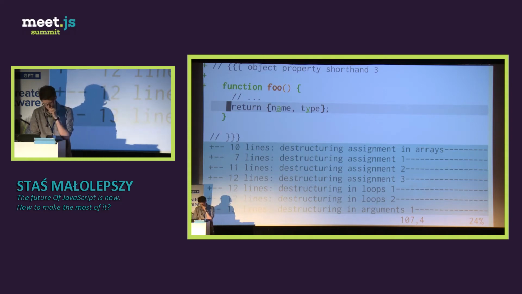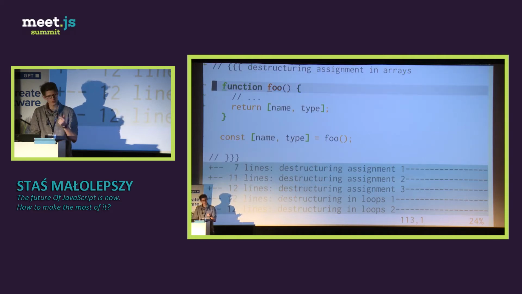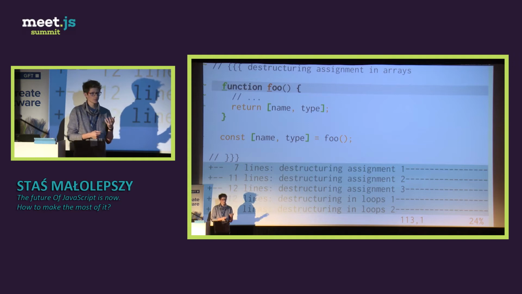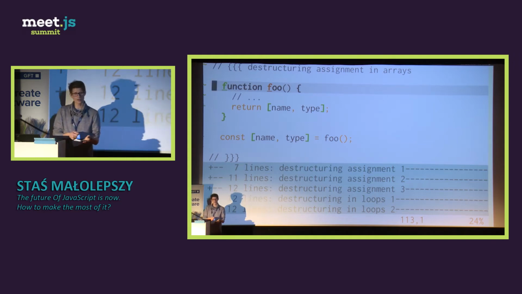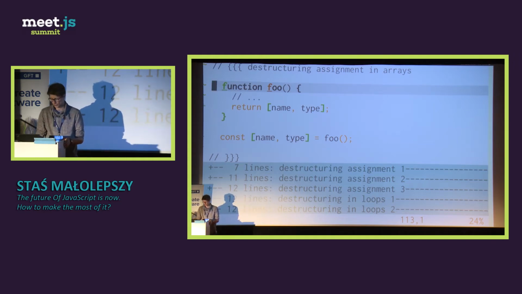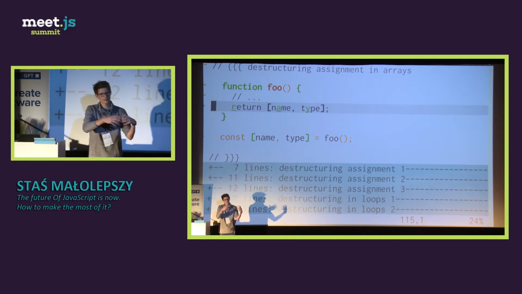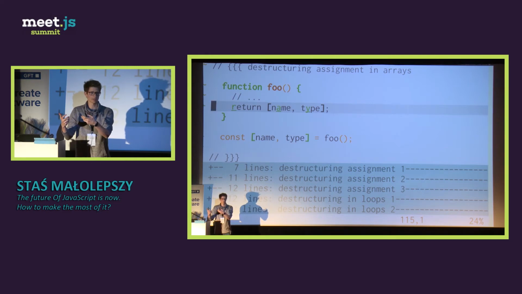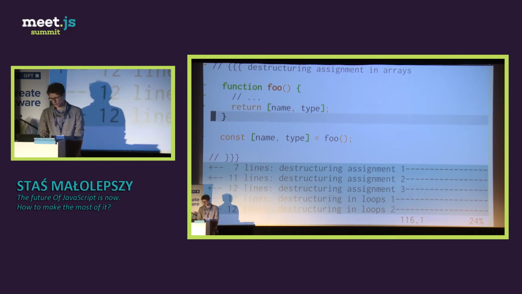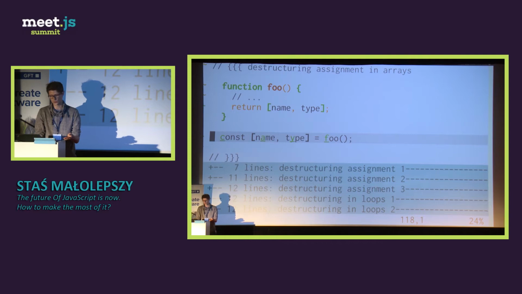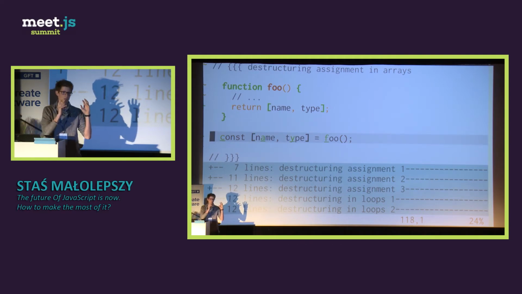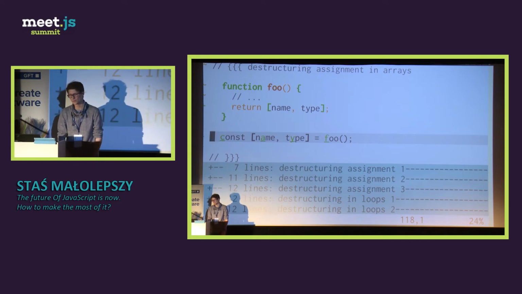However, with new features of ECMAScript, you can actually still use arrays to great effect. If you return an array from a function, like in this example here, you can use the destructuring assignment to semantically deconstruct the array that was returned. In this example, I'm calling the function foo, and I'm assigning its contents to locally bound variables name and type.